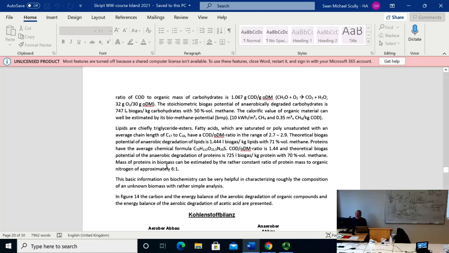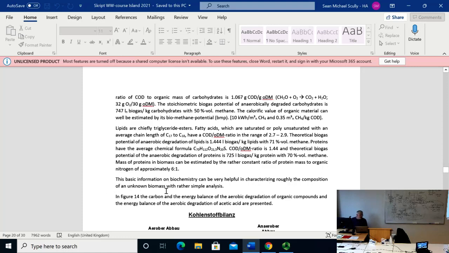The mass of proteins in biomass can be estimated by a rather constant ratio of protein mass to organic nitrogen of 6 to 7, basically. It's about 17%, so it's rather 6 to 7. This basic information on biochemistry can be very helpful in characterizing roughly the composition of an unknown biomass.